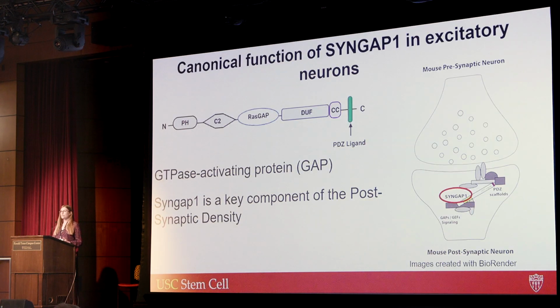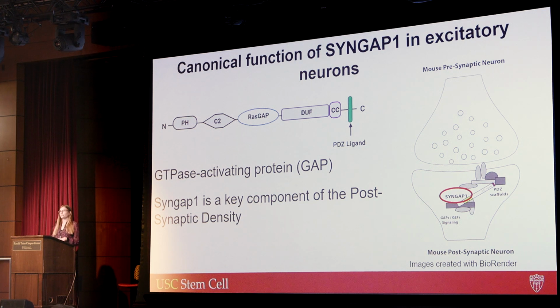And so when I started this project as a postdoc in the lab, what was known about SYNGAP is that it is a protein that is really important for the postsynaptic density of excitatory neurons. However, all the knowledge available was deriving from rodent models.